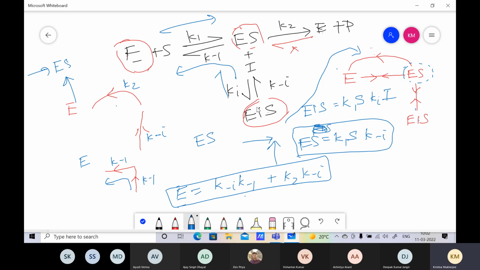This backward reaction is not moving here, so that is it. Okay, and so we have E, we have ES, and we have EIS, and job done.